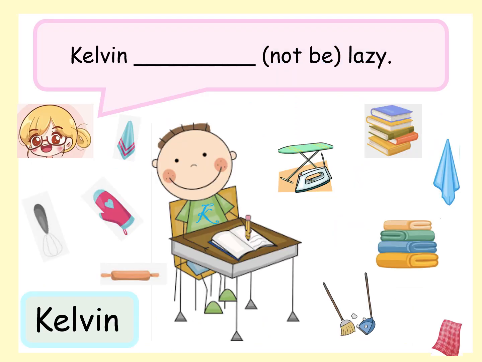Calvin not be lazy. What is the correct answer? Well done. Is not or isn't. Calvin isn't lazy. Calvin is not lazy.